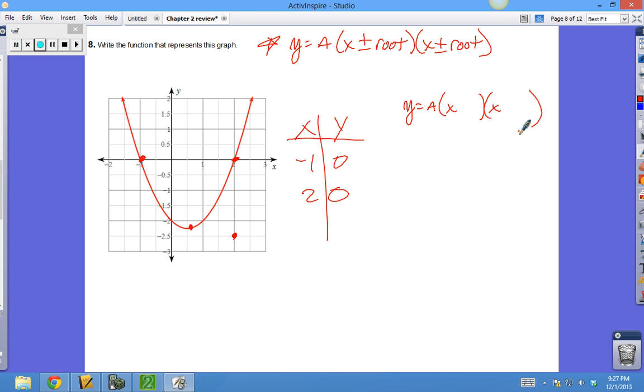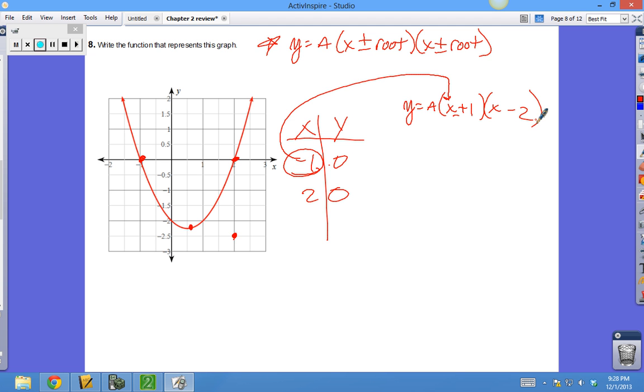Okay, now you gotta be tricky. You gotta remember, this is what you plugged in to give you a 0. So if I plug a -1 in there, the only way I'm going to get 0 is if it's a +1. So your roots from the equation to the table are kind of opposite. X minus 2 and x plus 1.